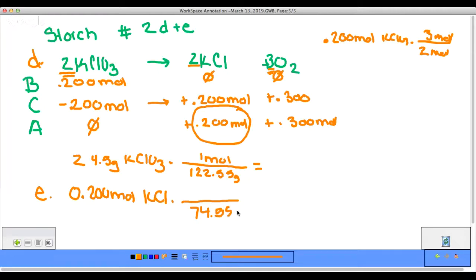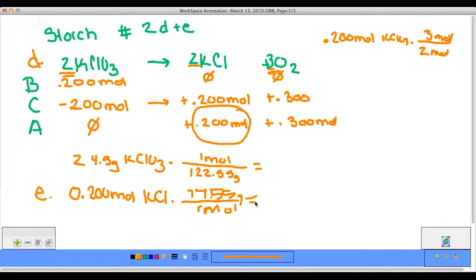Oops, wrong side. Let's erase this. I'm using my keypad again, so give me a minute, you guys, or my mouse pad. This is grams, and this gets really messy, over 1 mole. So what this ends up being is 0.200 times, I can't even read my own writing, is that 74.55?